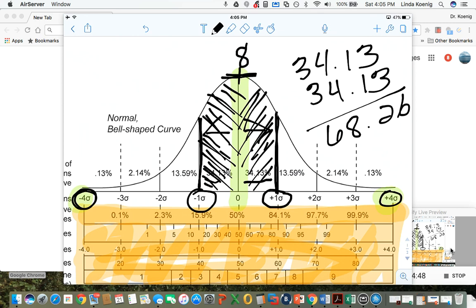So what that tells me is that 68.26% of all the women in the United States will have a shoe size that falls between one standard deviation below the mean and one standard deviation above the mean. So whatever size that is, it's going to be in here.